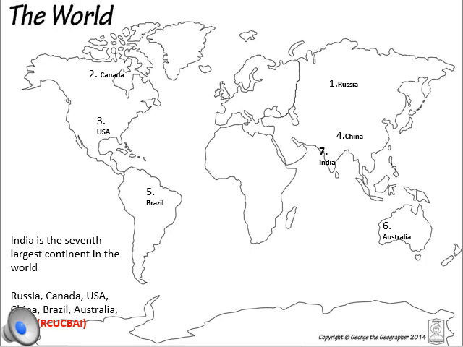In order to learn the names as per the position, the easy way is to learn it as RCUCBAI. R for Russia, C for Canada, U for USA, C for China, B for Brazil, A for Australia, I for India.